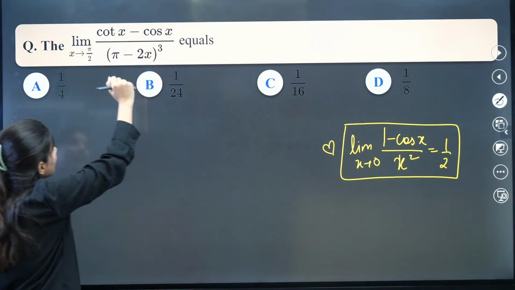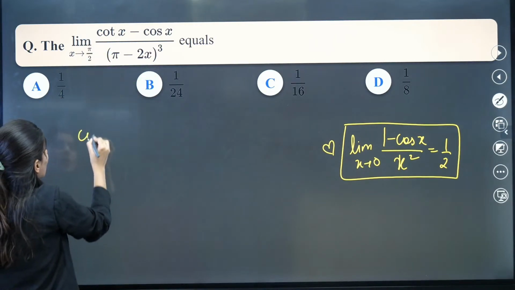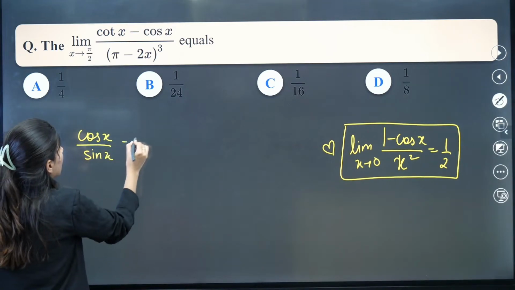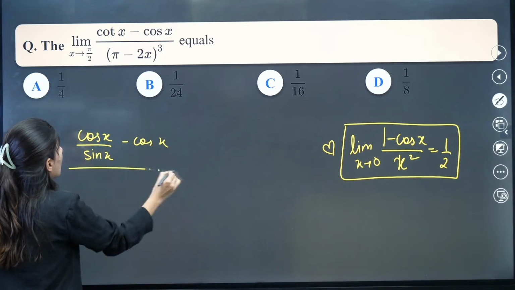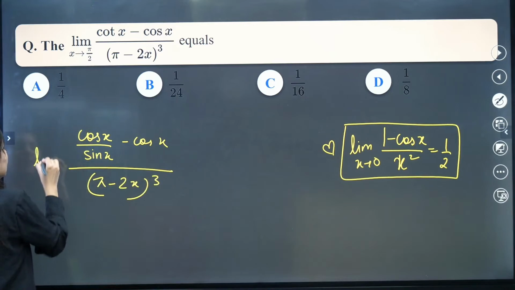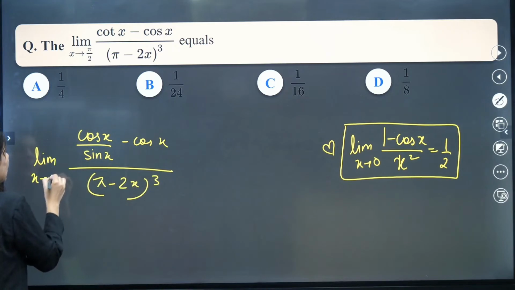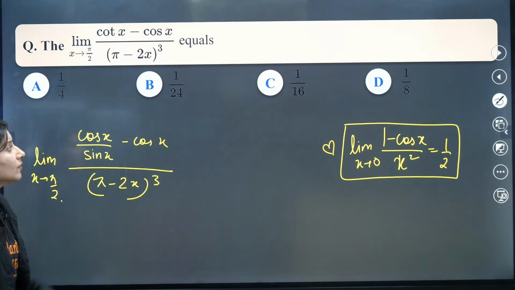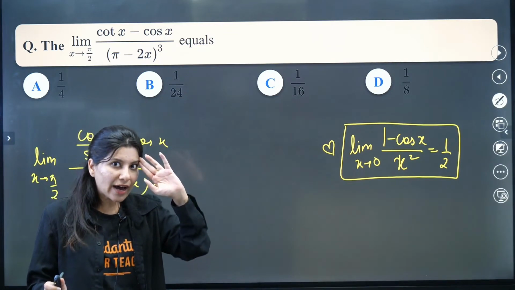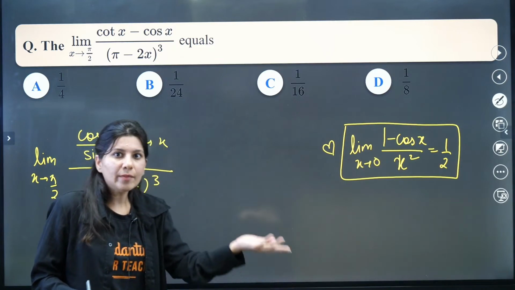Now cot x minus cos x. Can I convert this to cos x upon sin x minus cos x upon (pi minus 2x) whole cube, limit x tends to pi by 2, right? From the options, we can clearly see that the limit definitely exists. We don't have to worry about right hand limit and left hand limit.